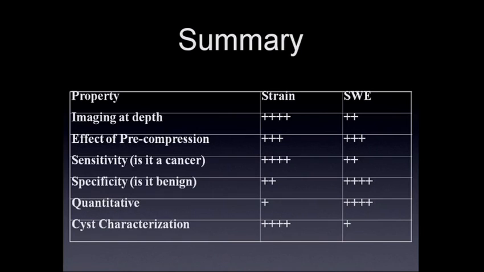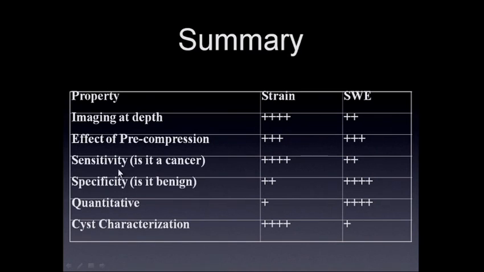It may be less in a patient with a very dense breast, so you are going to have problems with deep lesions in the breast. You can try moving the patient so that the lesion is closer to the skin, but this is still usually problematic. Pre-compression is really a big problem with both strain and shear wave imaging, and no matter what elastography you're doing, you need to apply the least amount of pre-compression possible.